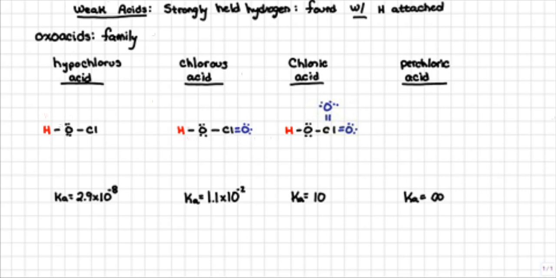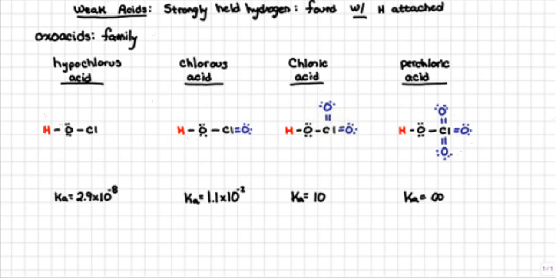Chlorine in this case is actually in the midst of 5 bonds, and this trend continues as we look at perchloric acid, a monoprotic acid again. Everything else is the same. An oxygen, a chlorine, a doubly bonded oxygen, another doubly bonded oxygen, and yet another doubly bonded oxygen. And so we have a total of 7 bonds in this case.